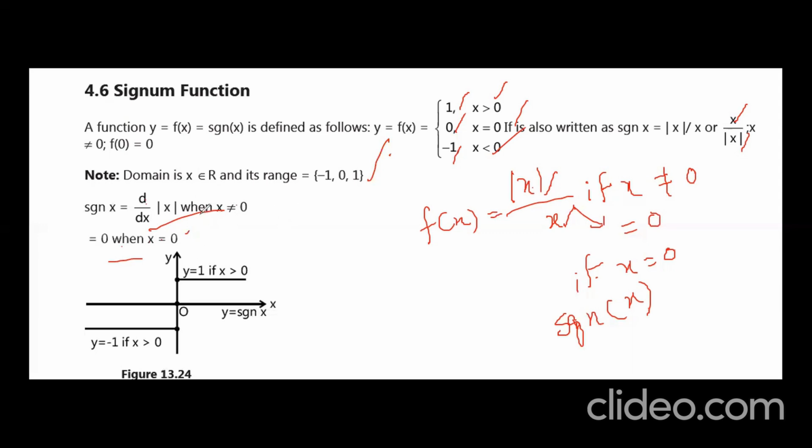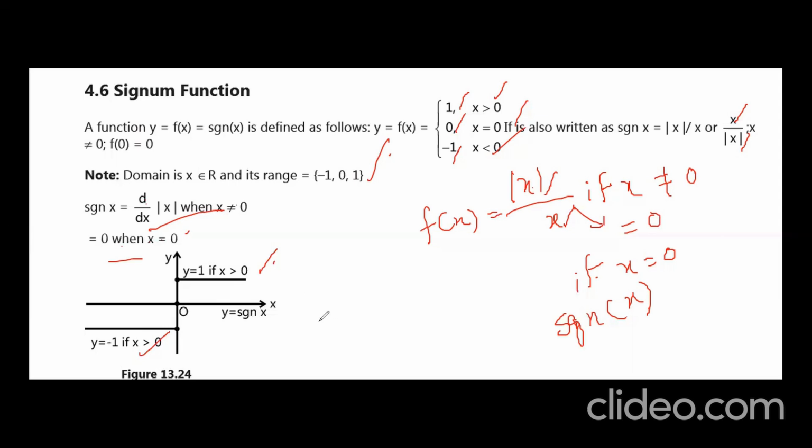Next, if you see the graph of the signum function, it is parallel to the x-axis. You see, y is equal to 1 for x greater than 0, and y is equal to minus 1 for x less than 0. So the graph of the signum function is going to be like this.